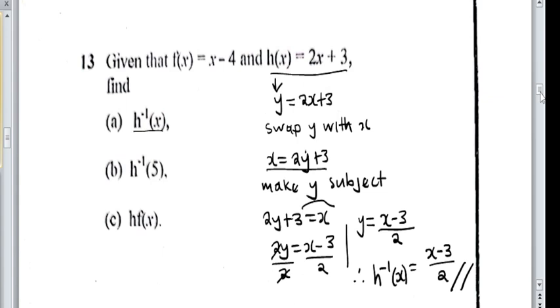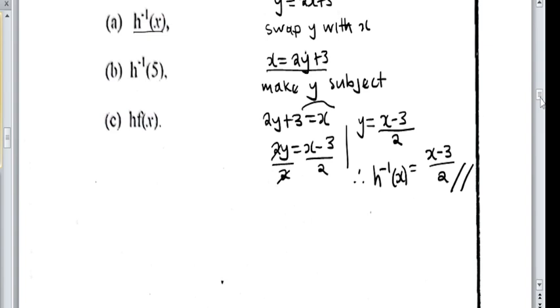Then we proceed to answer the other part. On B, they are asking us to find the inverse of 5. First of all, the inverse of x is equal to x minus 3 over 2.